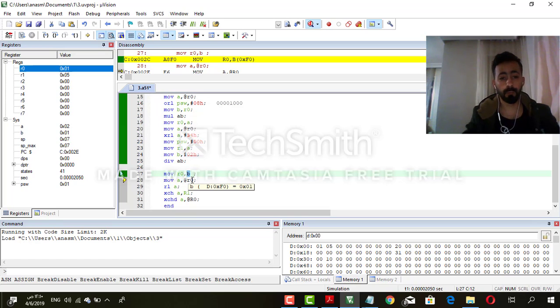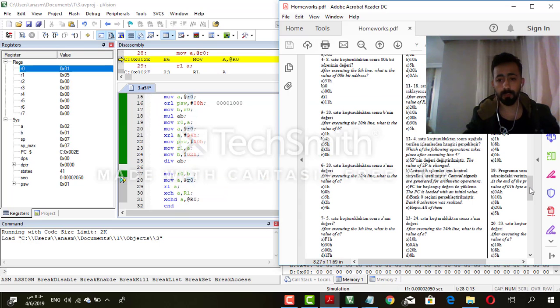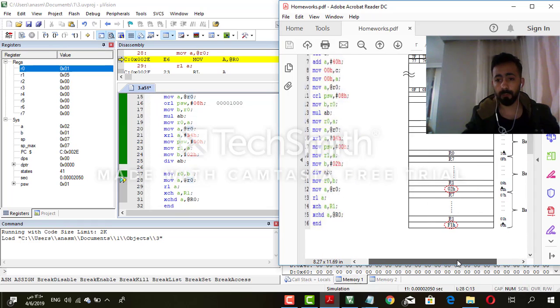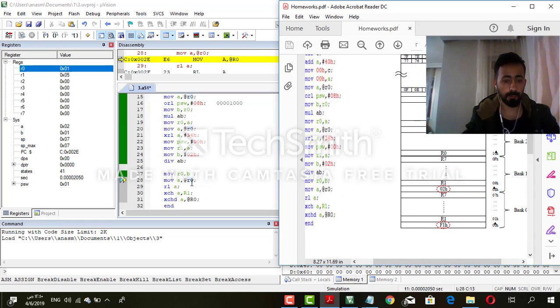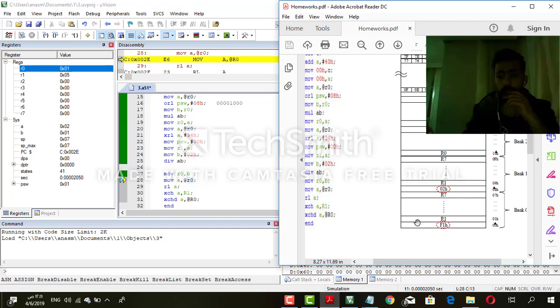We should look at the value referred to by array 0. Array 0 is 01 hex, so it refers to array 1. Array 1 is 05 hexadecimal. So the new value of a will be 5 hexadecimal, as we said.